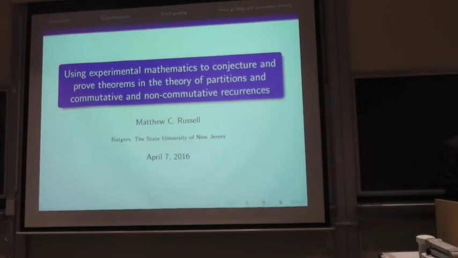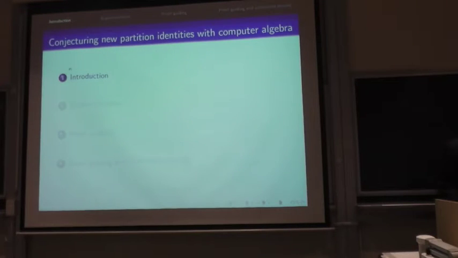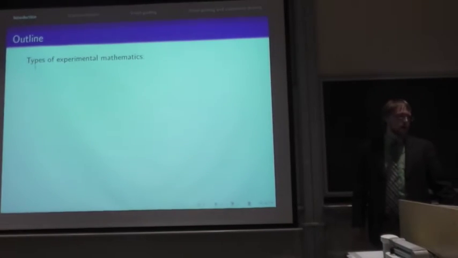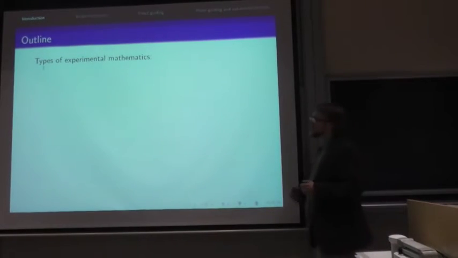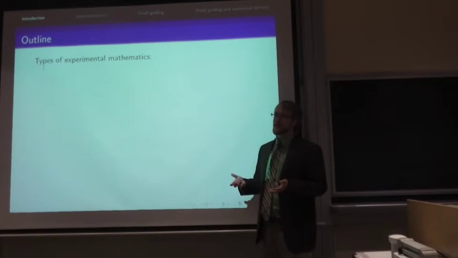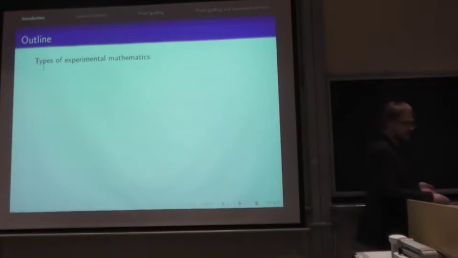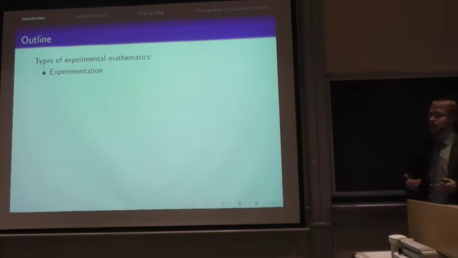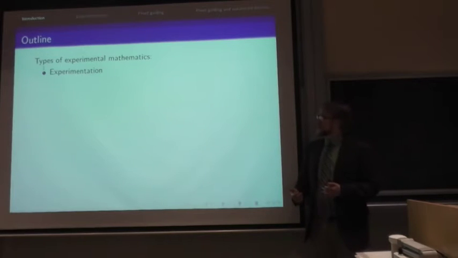Okay, so this is the outline for the talk. Instead of just simply stating my results, I'm going to try to group them, because my results are in a bunch of different fields. I'm going to group them by the type of experimental mathematics I did in each chunk.